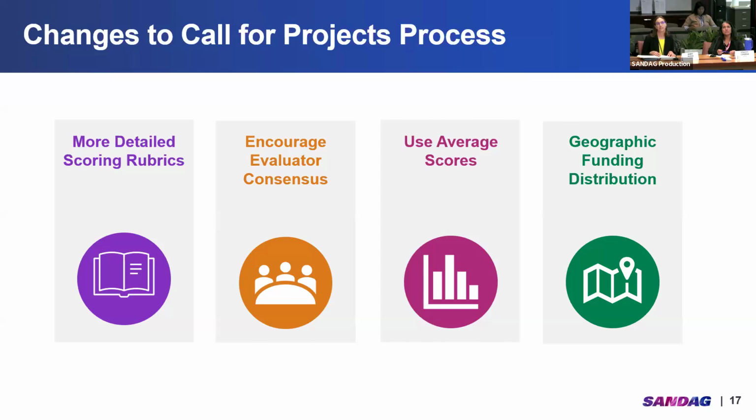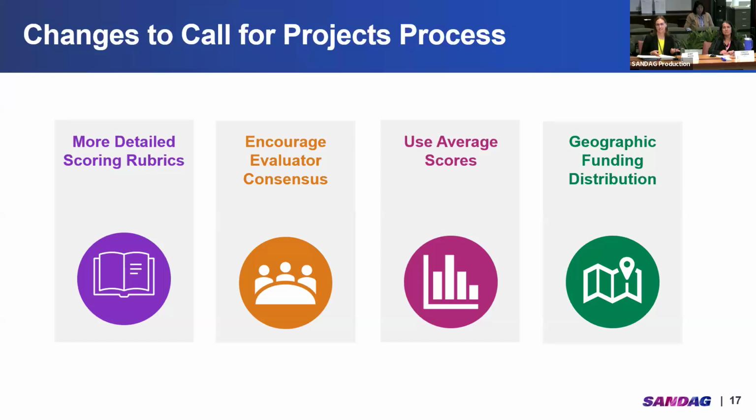And then lastly is geographic funding distribution. As Stacy mentioned, we're not limiting the number of applications that somebody can apply for. So the intent of this is to prevent one specific applicant, or a number of applicants who put in a large volume of applications, from receiving a large amount of that funding.